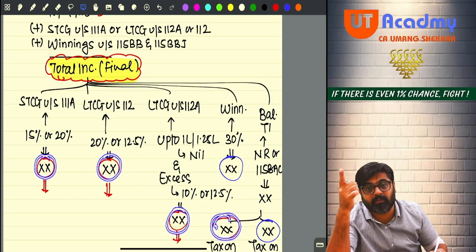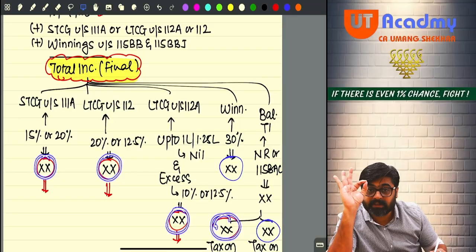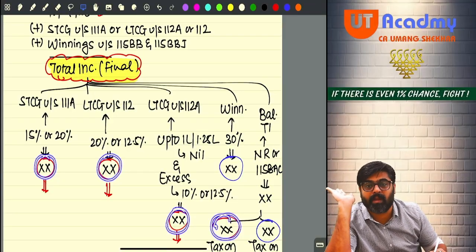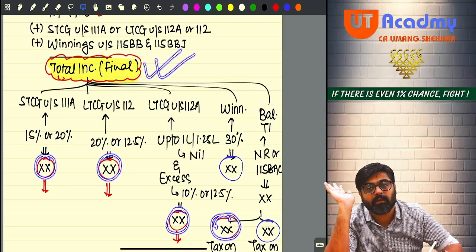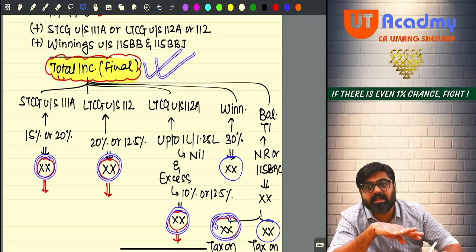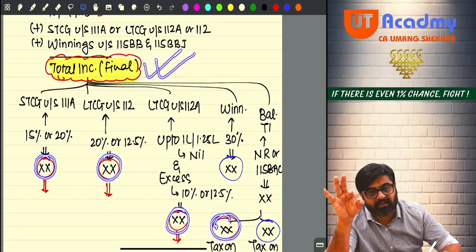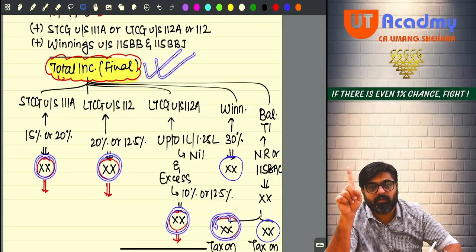Even if your total income is more than 2 crores or 5 crores, the maximum surcharge rate applicable on these four taxes will be 15% only.